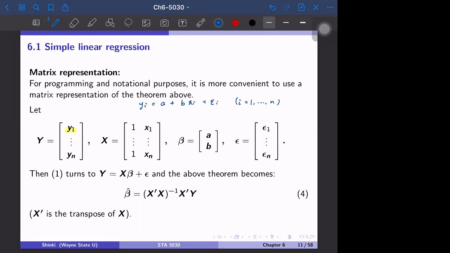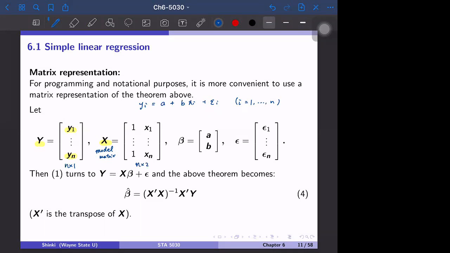For that purpose, we define y as the vector of the yi's, so y1 to yn. This is an n by 1 vector. Then we define x. X is sometimes called the model matrix or design matrix. In this case, it is n by 2.